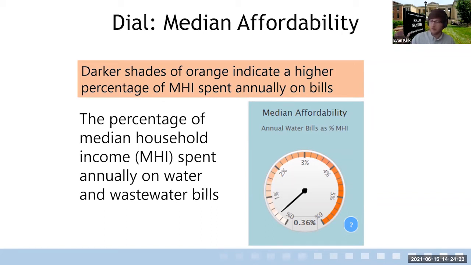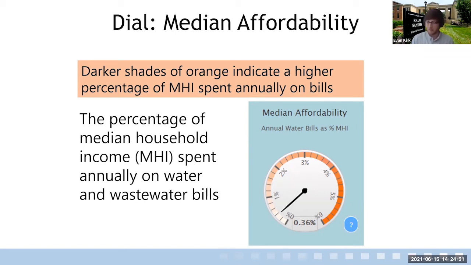In the past, the goal has been 2% of the median household income, but we know now that it's not quite so binary. So we didn't want it to be at 2%, over 2% bad, under 2% good. We've got a gradient of darker and darker colors as the bill gets higher and higher as a percentage of median household income.